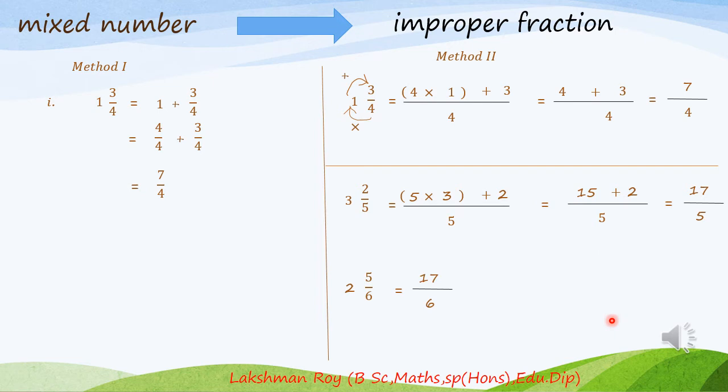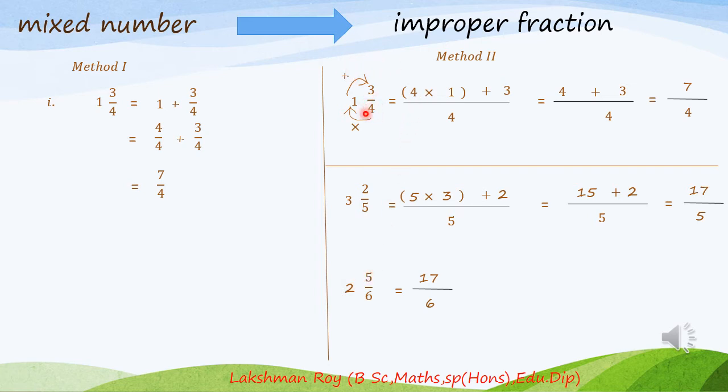I'll do another example without these steps, writing the mixed number directly as an improper fraction. Let's see 2 and 5/6. I'll write directly. 6 should multiply by 2, that is 12, and to that answer you have to add 5.